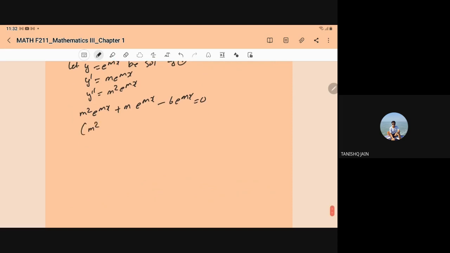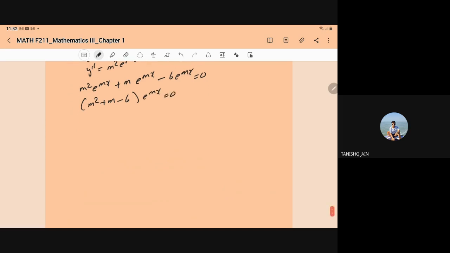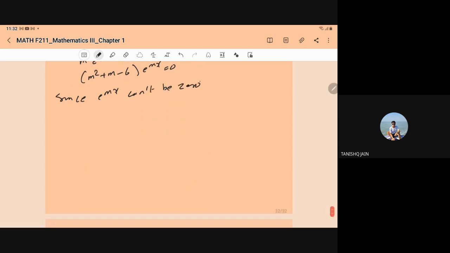This will become (m square plus m minus 6) e to power mx is equal to 0. Since e to power mx cannot be 0, this implies m square plus m minus 6 is equal to 0.